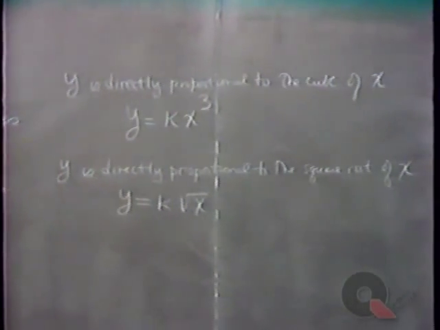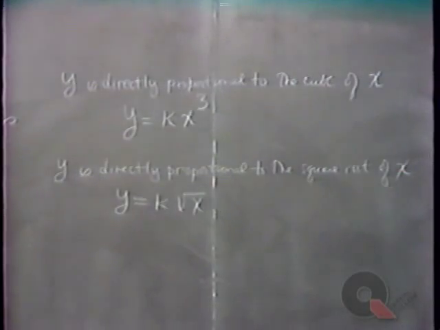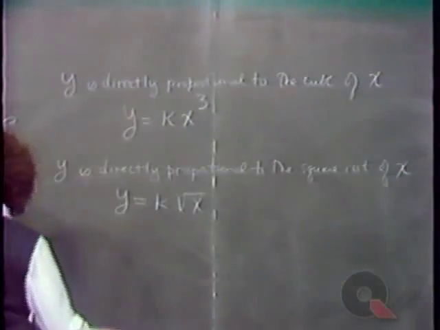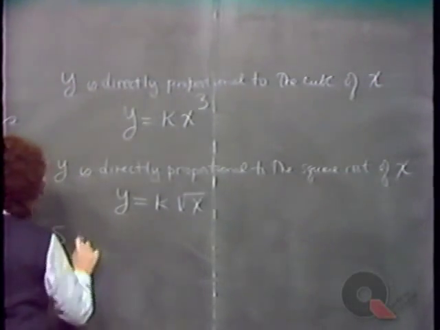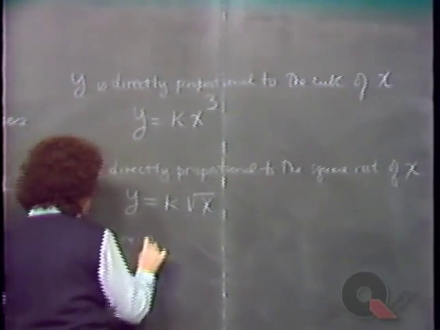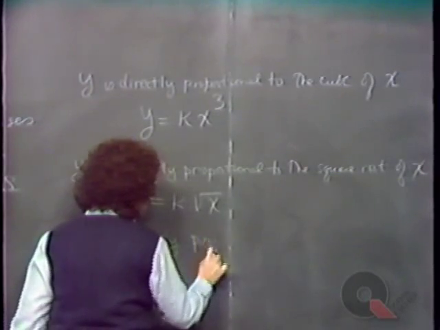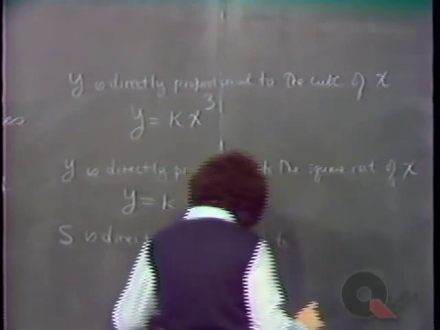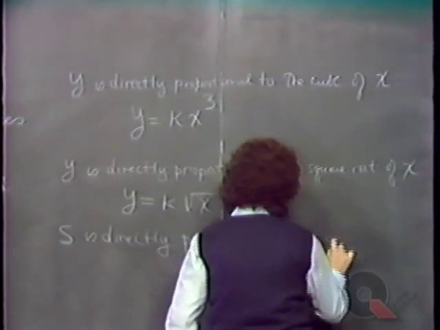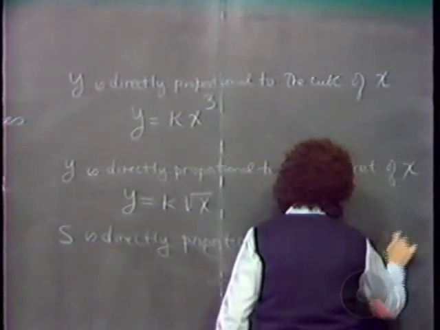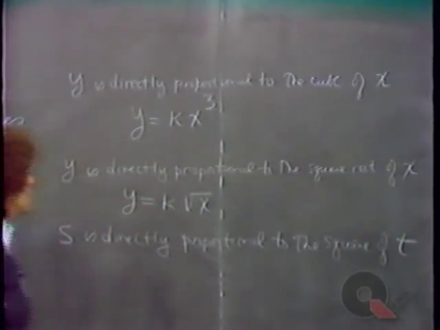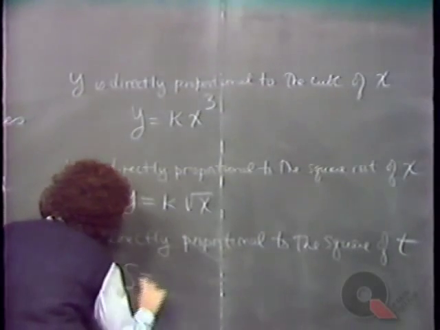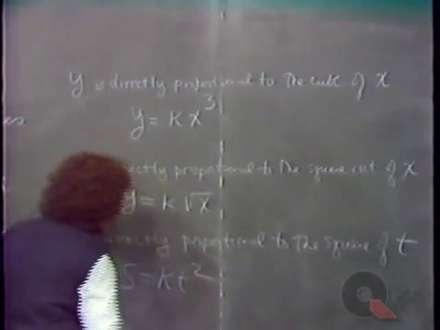We can use any constant, k, c, anything like that. And there's nothing sacred about x and y. We might have, for example, s is directly proportional to the square of t, or s varies directly with the square of t. And we could write that s equals kt squared.